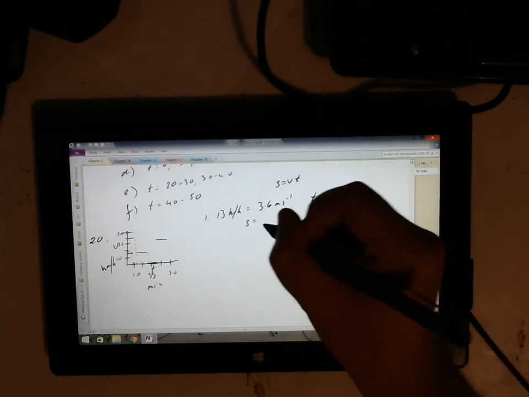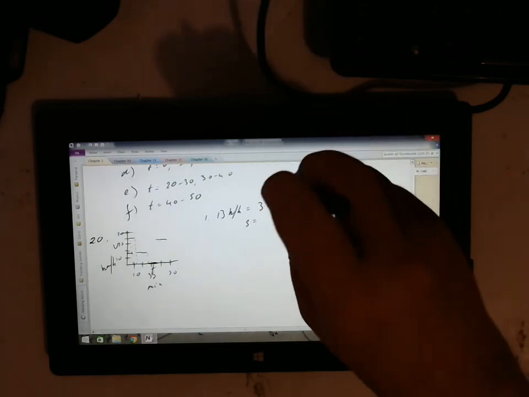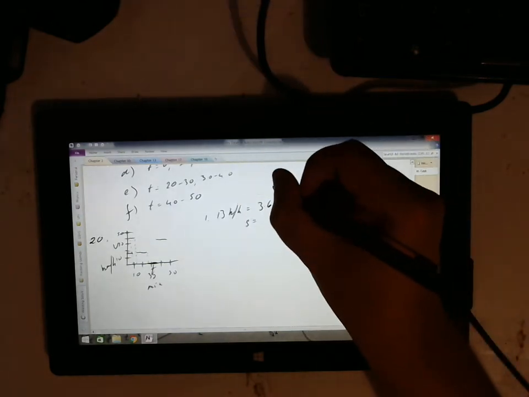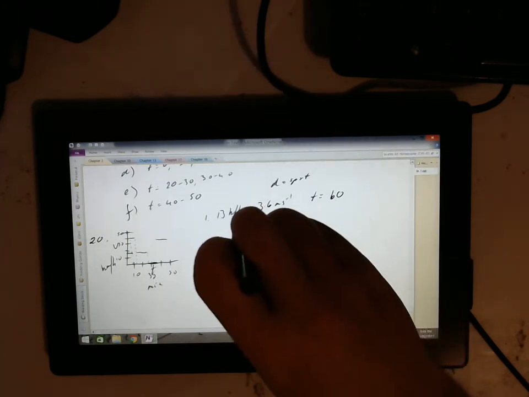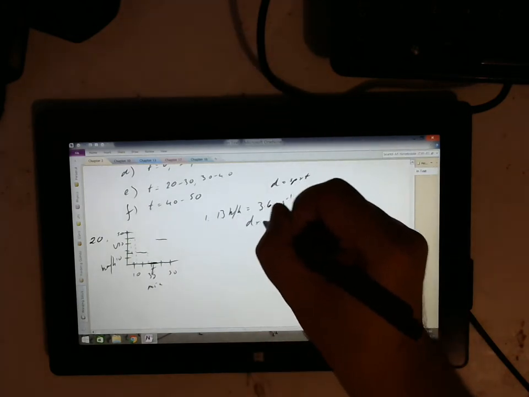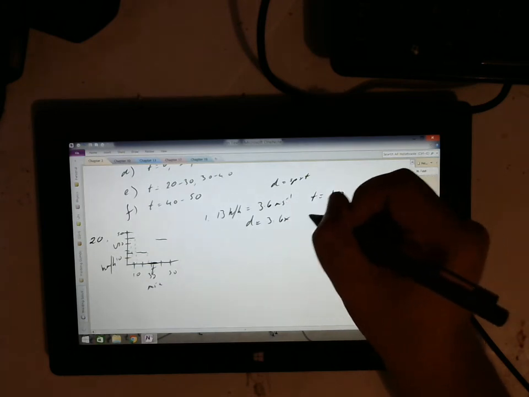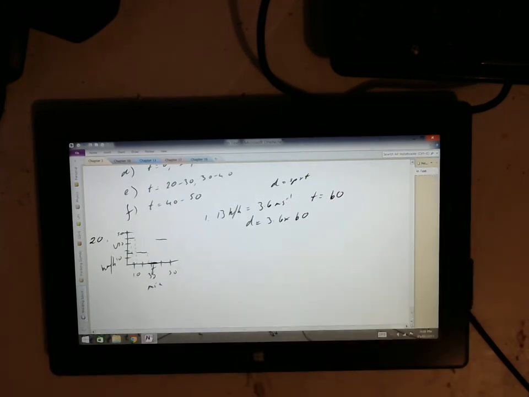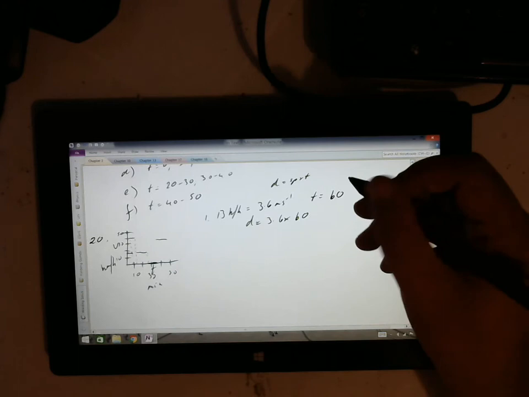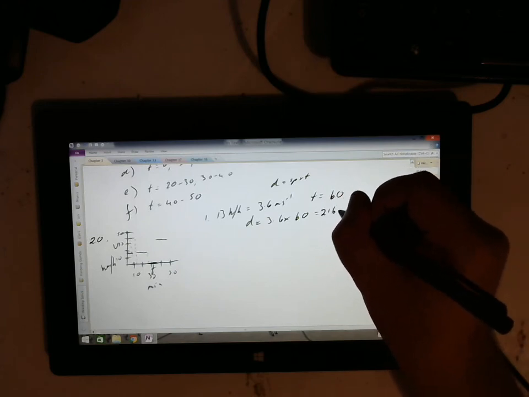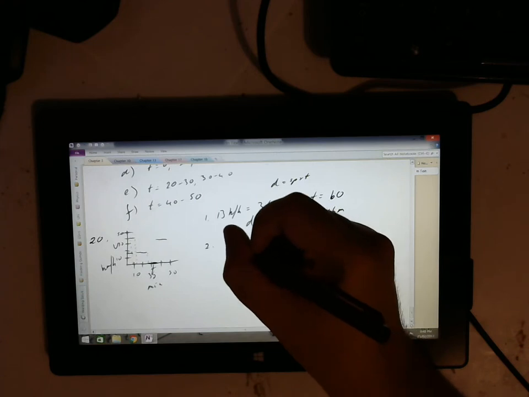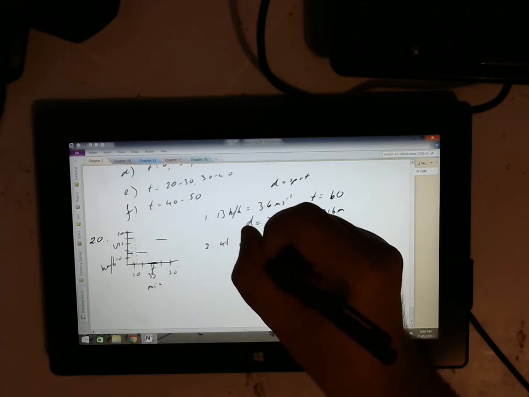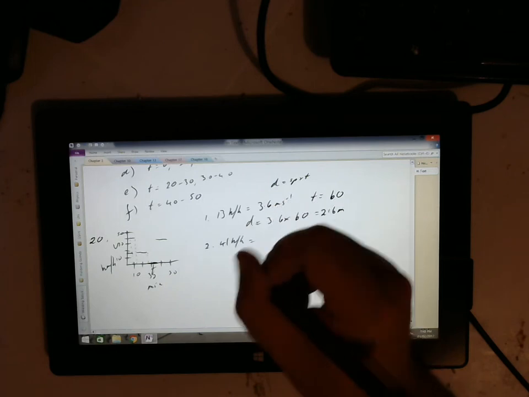We want distance, so distance equals speed times time. So distance equals 3.6 times 600, which equals 2160 meters.